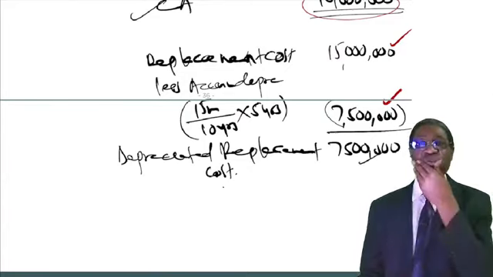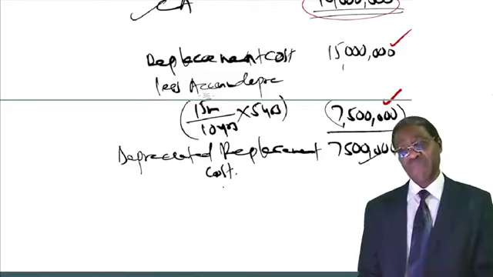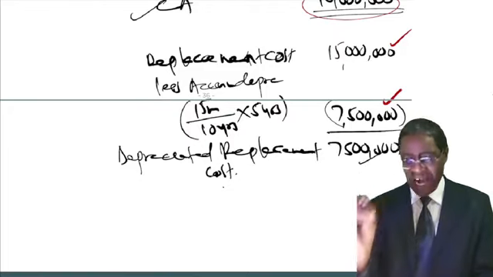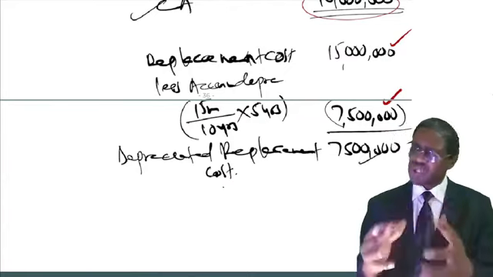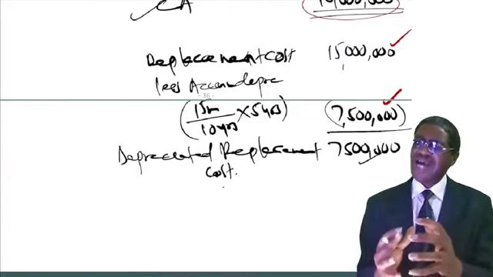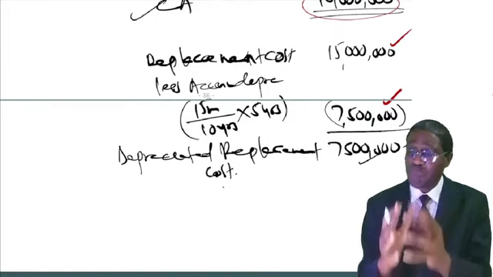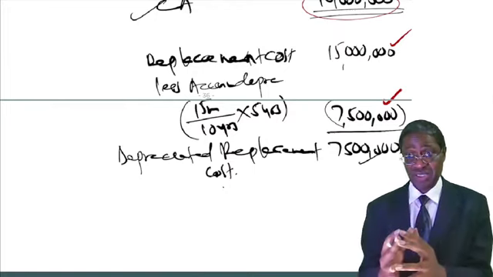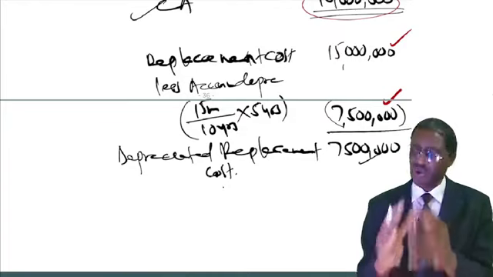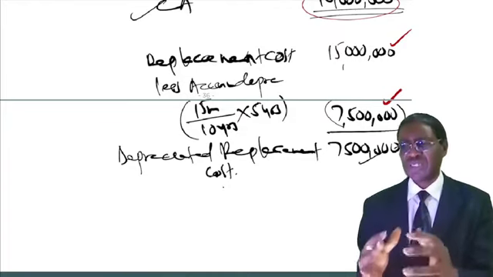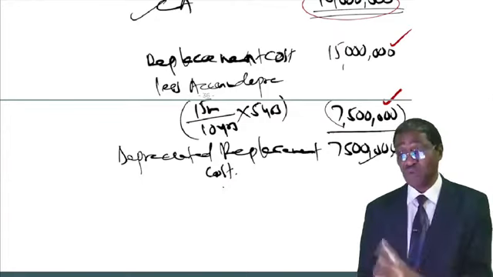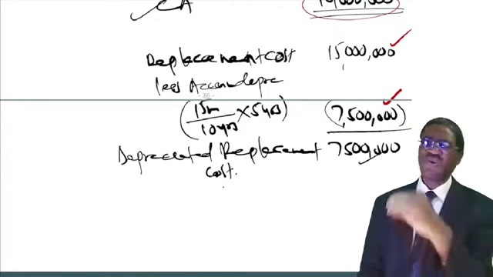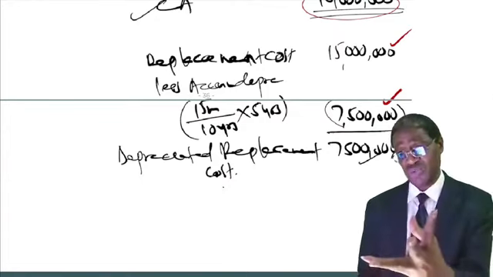Listen, from that value, remember, we are using the service unit approach. The question might tell you that as at the time you are testing for impairment of this asset, this asset had lost 20% of its efficiency, or 10% or 15%, whatever the question will tell you.